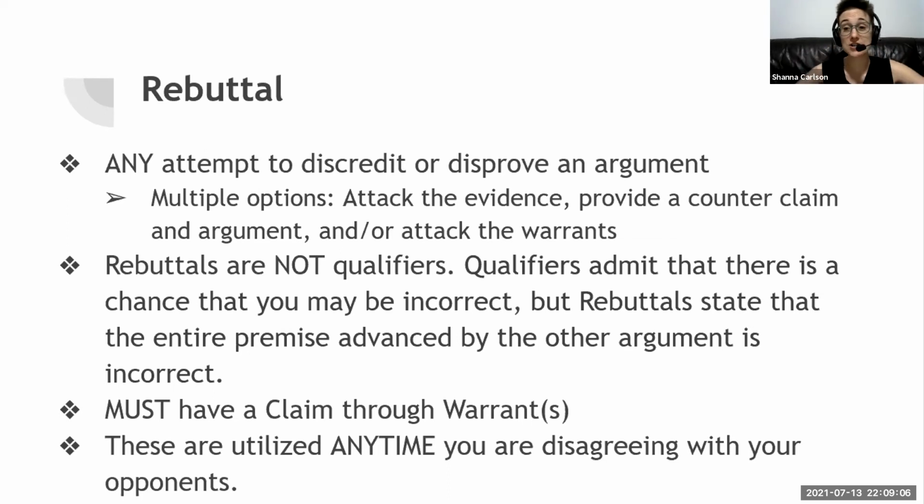Rebuttals are not qualifiers. So just like what Nate was saying, if your opponent stands up and says cats are not good for people with allergies, you're like, okay, thanks, you're right. But overall, that's a small number of the population, right? It's not a rebuttal. But a rebuttal could be, dogs are the best pets because they make humans more active.